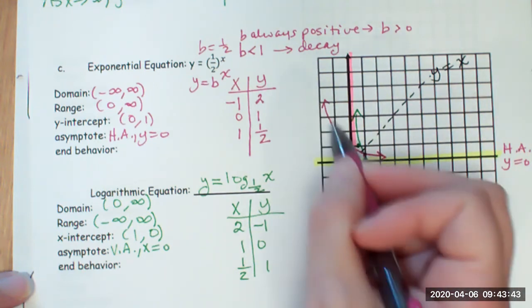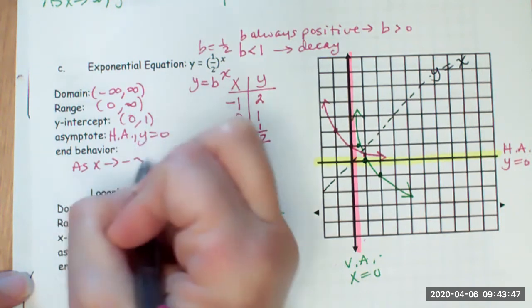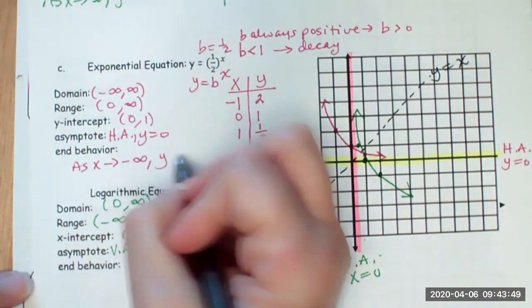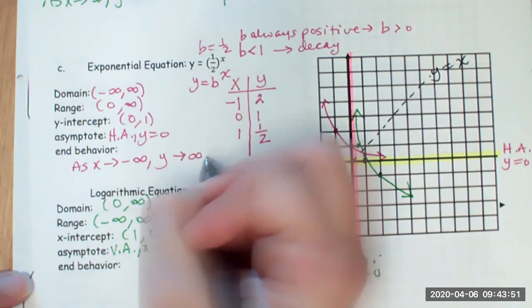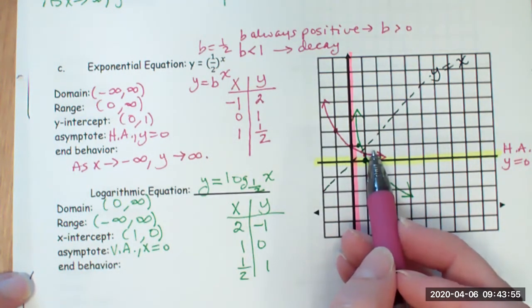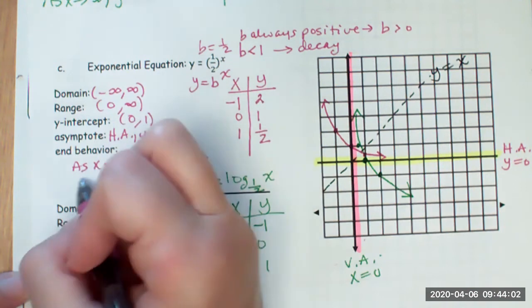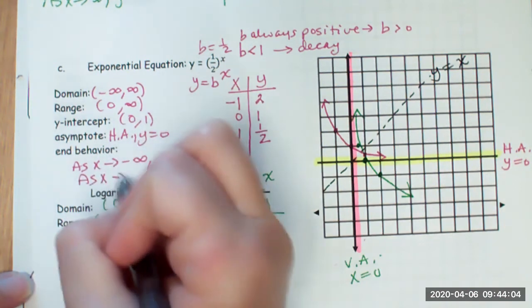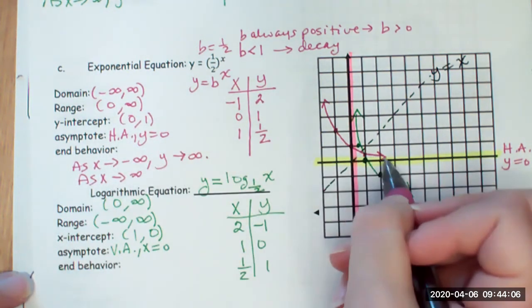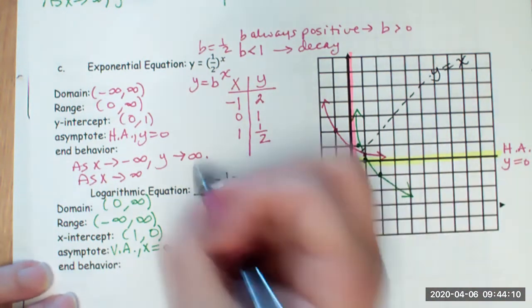So as x approaches negative infinity, y is approaching infinity. And we'll notice here, as x approaches infinity, y is approaching 0. So as x is getting really big, y is getting closer and closer to the horizontal asymptote, y equals 0.